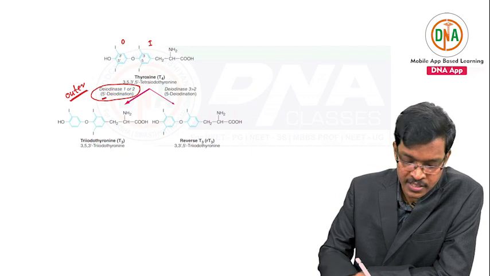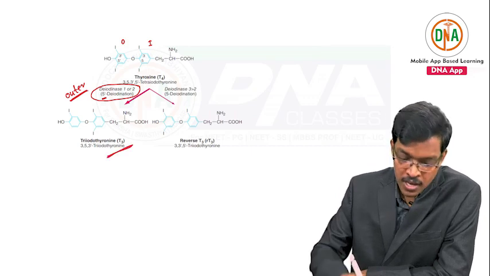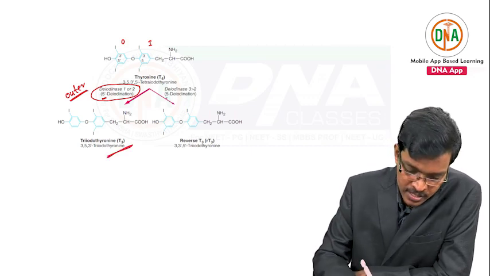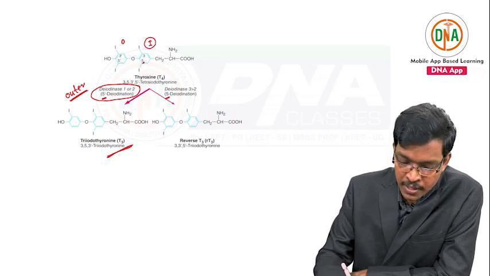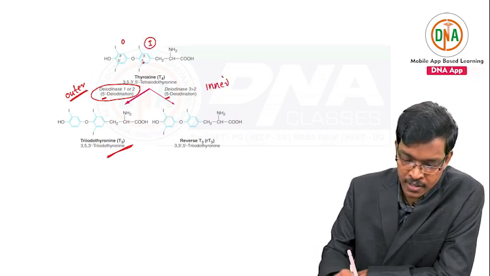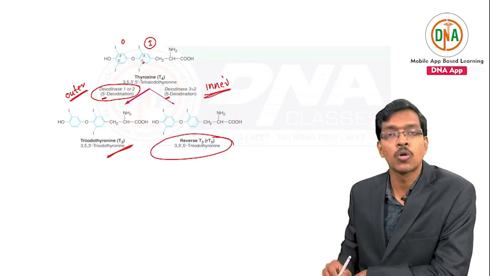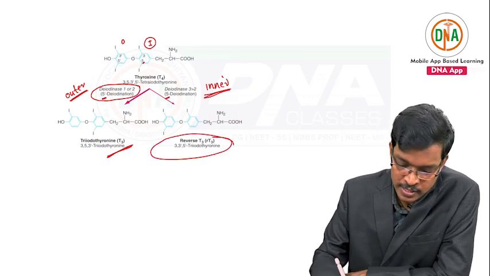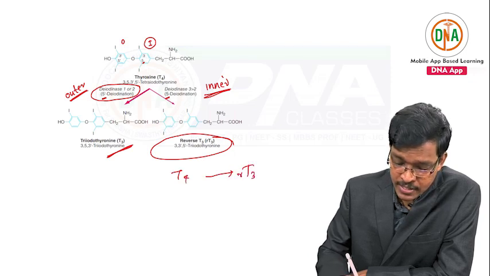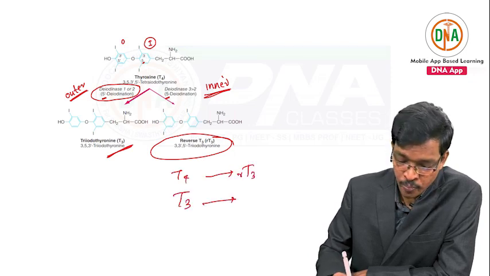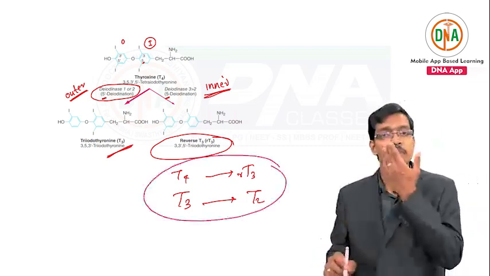So outer ring deiodination results in the active form of the hormone, whereas 5 deiodination is present in the inner ring. Inner ring deiodination results in the production of the inactive form of the hormone. So T4 is converted to reverse T3, whereas T3 is converted to T2 by this type 3 deiodinase.